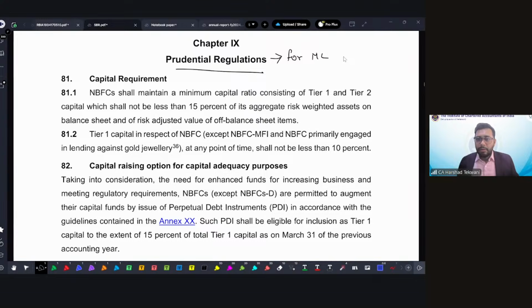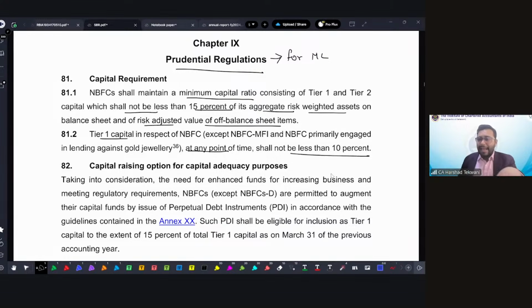Over there, we have a requirement of minimum capital ratio, consisting of Tier 1 and Tier 2, which shall not be less than 15% of aggregated risk weighted assets and risk adjusted value of off-balance sheet items. And Tier 1 capital at any point in time shall not be less than 10%.